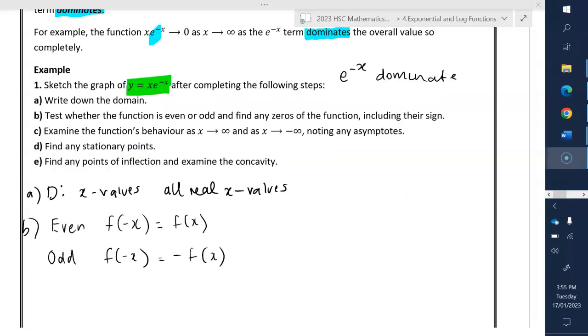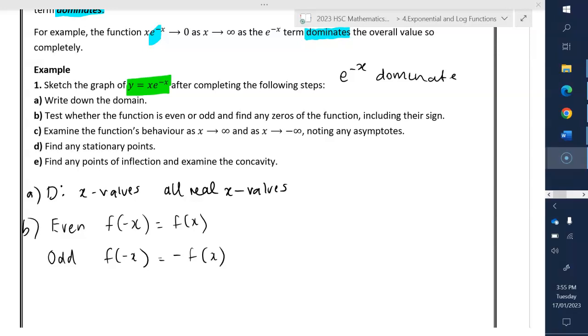Okay, so part B wants us to test whether the function is even or odd and find any zeros of the function, including their sign. So testing whether they're even or odd, for an even test, we're going to test that f of minus x is equal to f of x. For odd, it's f of minus x is equal to minus f of x. If none of those occur, then it's going to be neither.